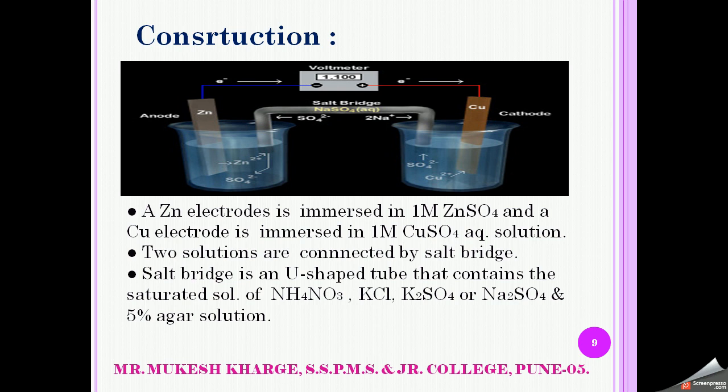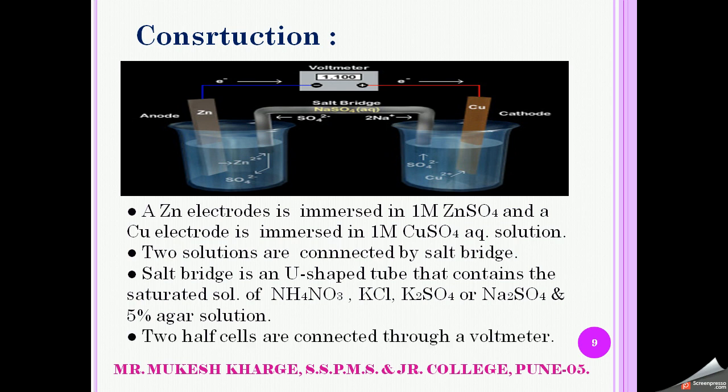Then it maintains electric neutrality in the solution by transfer of ions. So if Na2SO4 is the solution in your salt bridge, it maintains the electrical neutrality. It maintains the SO4 2- ions in the two electrolytes by transfer of ions.